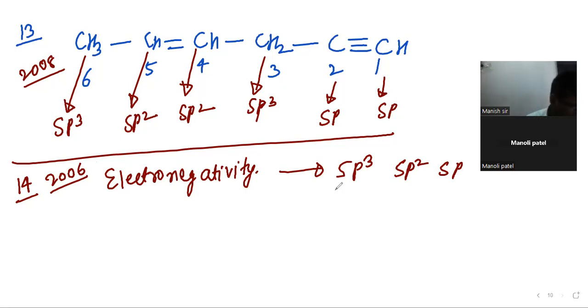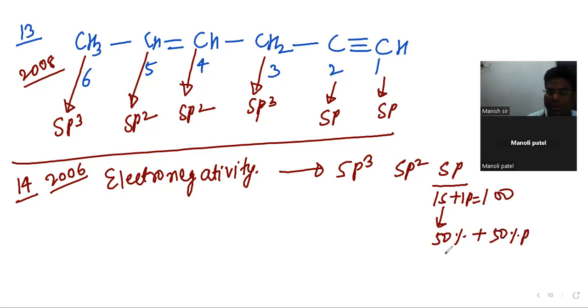Why it is so, I will explain now. In sp, when it is 100%, the contribution is 1s plus 1p. So 50% is contributed by s and 50% by p. This is your s, this is your p.